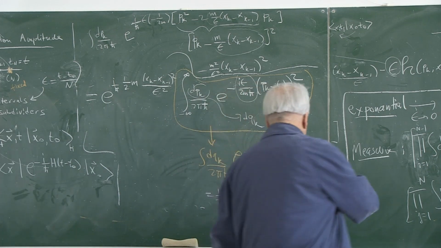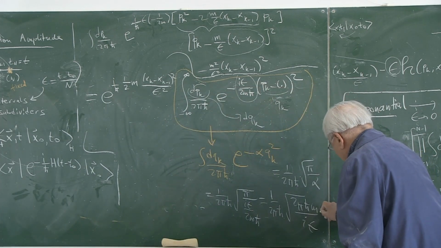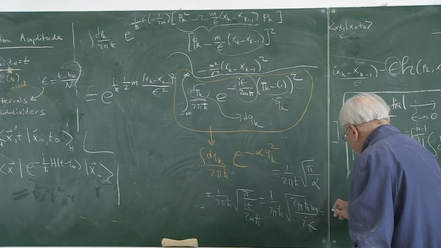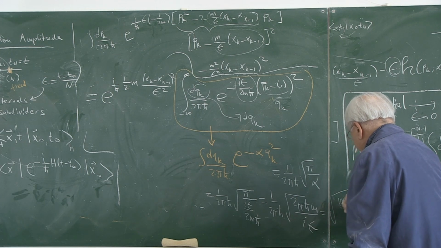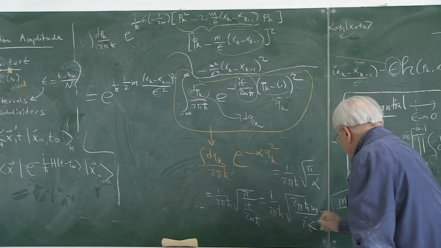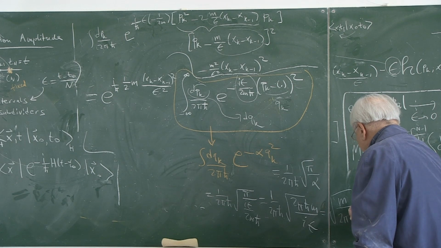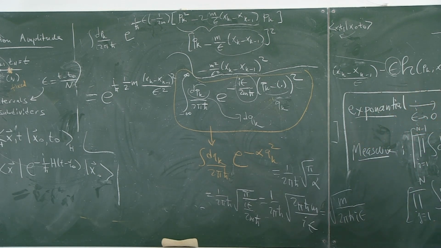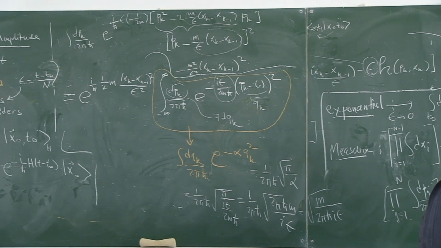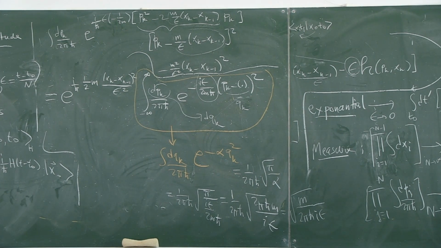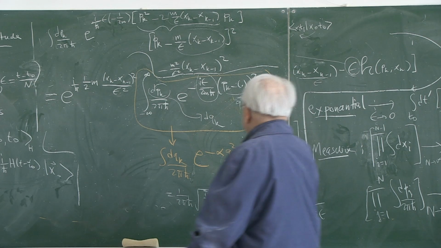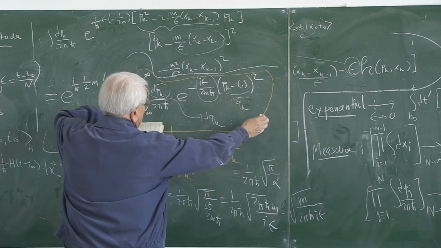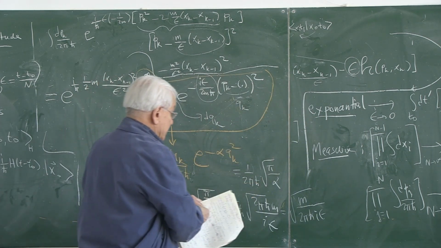Or, you recognize this because in the introduction section we have got an expression of this form: m divided by 2 pi h bar i epsilon. How nice. You see? It is this integral now, and the result is this.